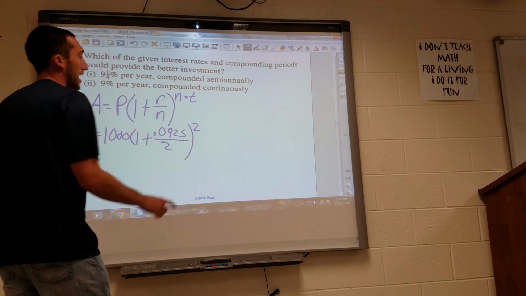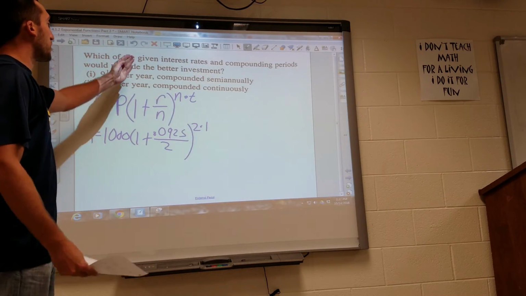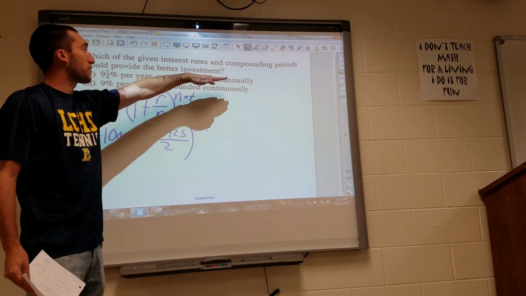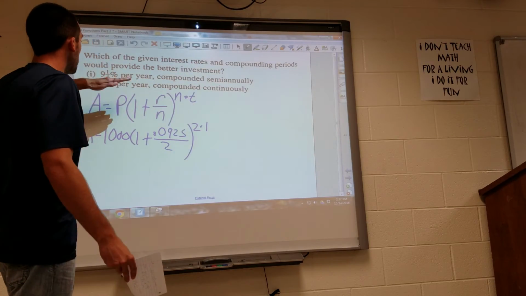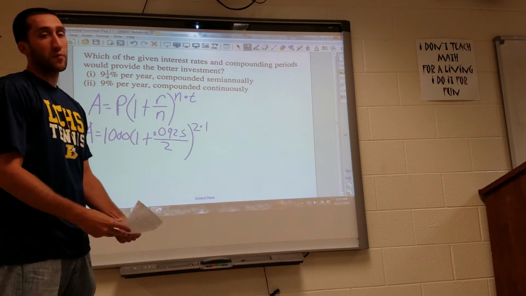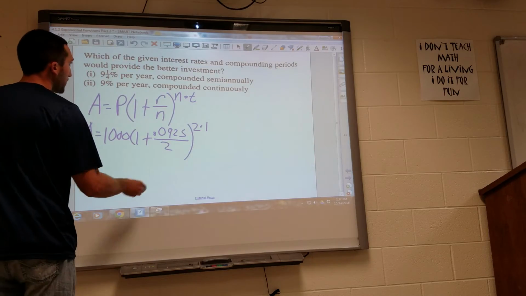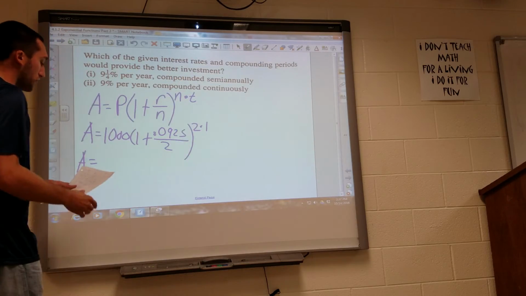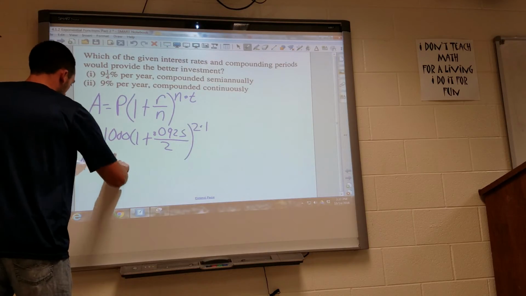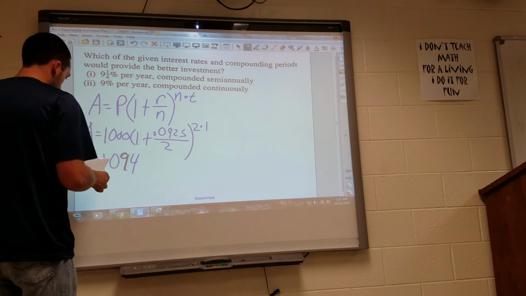And I'm just going to say after 1 year. I'm going to see which one gives you the most money after 1 year, the 9.25% compounded twice a year, or the 9% compounded continuously. I just started with $1,000. So after 1 year, compounding it semi-annually at 9.25%, your money is worth $1,094.